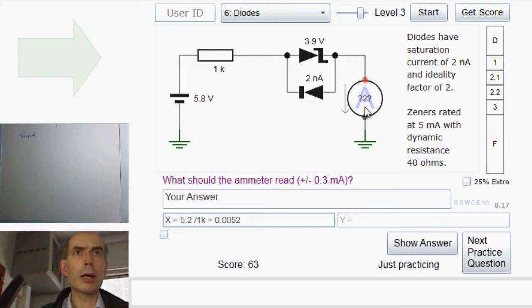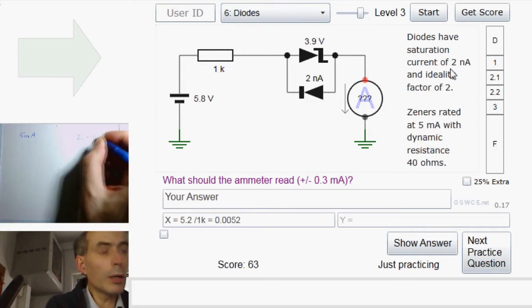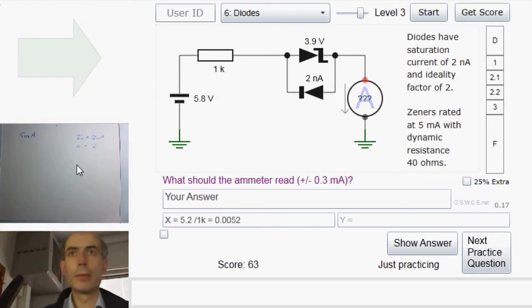Let's make it more accurate by considering the Shockley diode equation as applied to that diode there. It's a diode with a saturation current of 2 nanoamps and an ideality factor of 2. Right.